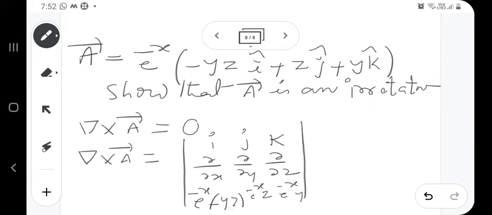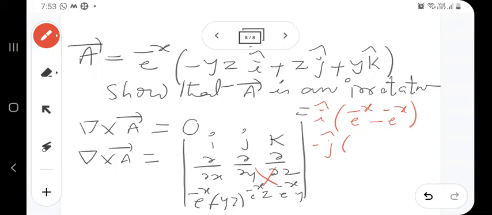So that equals i cap into dou by dou y of e power minus xy, minus dou by dou z of e power minus xz, like this. Then minus j cap into the determinant's j column, dou by dou x of this.